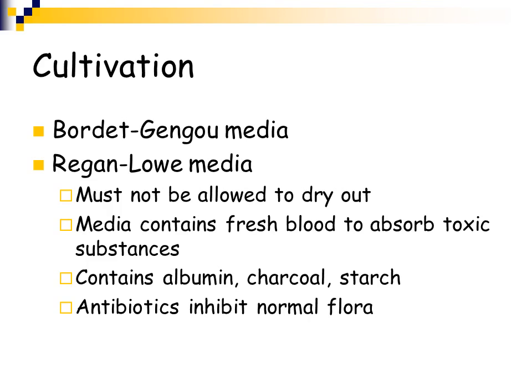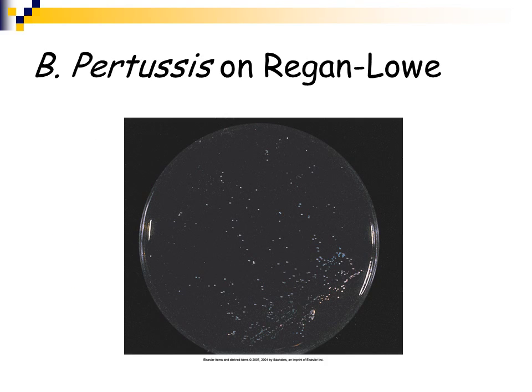So these media contain fresh blood to absorb any toxic substances. They contain things like albumin, charcoal, starch, as well as antibiotics to inhibit the normal oral flora that would be present in a nasopharyngeal swab or a cough plate. And here's Bordetella pertussis on Regan Lowe media, and you can see it does look like tiny little pearl drops.